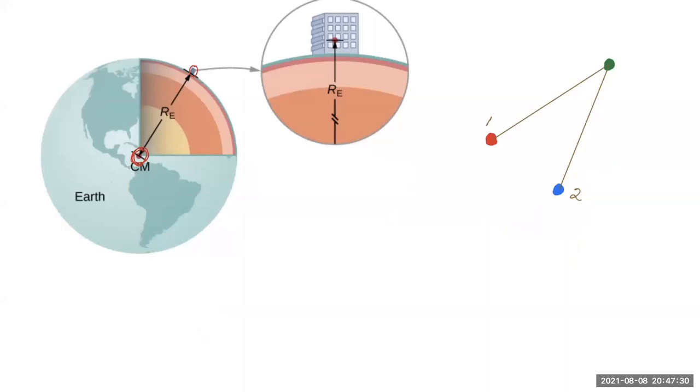Fg would be equal to G times the mass of the object times the mass of the Earth divided by the distance between them squared, the distance being the radius of the Earth. Right? But we know this is just equal to mg.